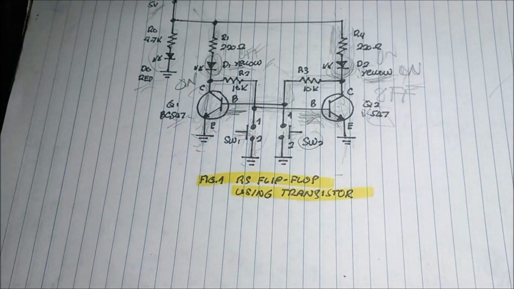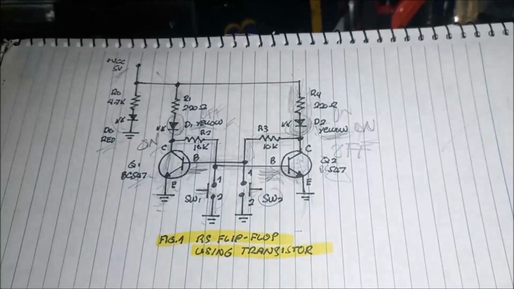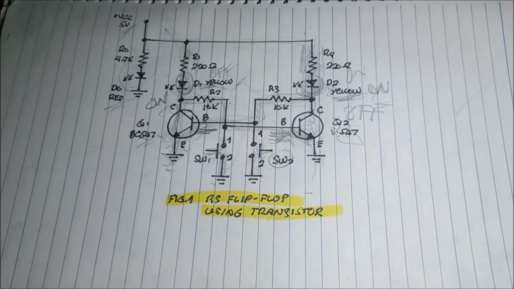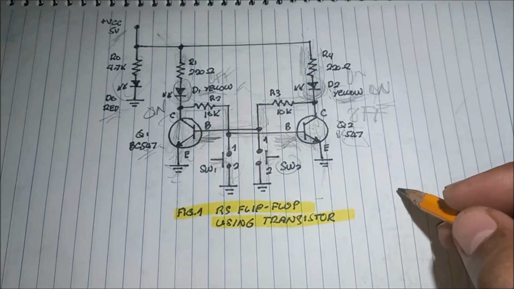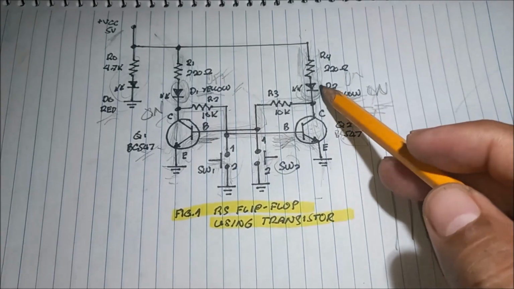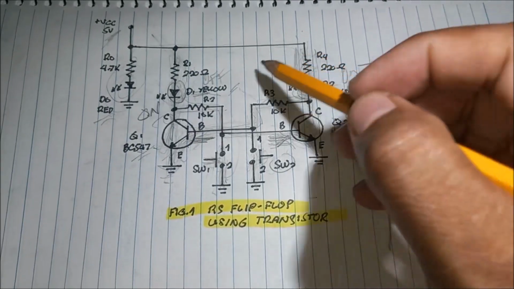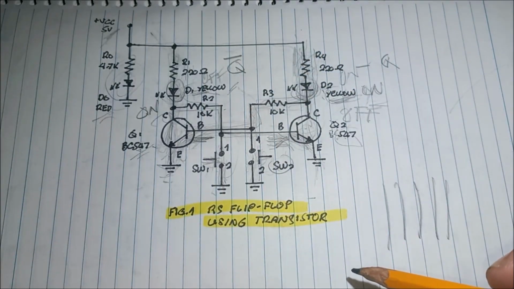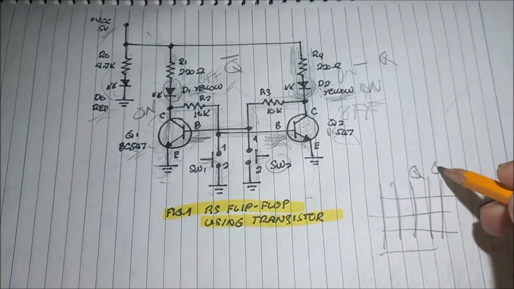So this circuit is used in digital design because we are concerned with switching circuits, this flip-flop. At the initial state, if we have the truth table, we can use this as the output Q. This one is Q not.